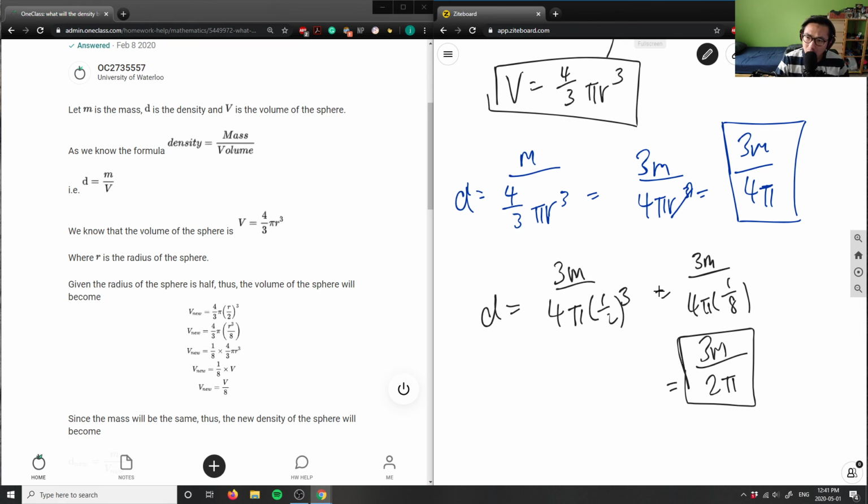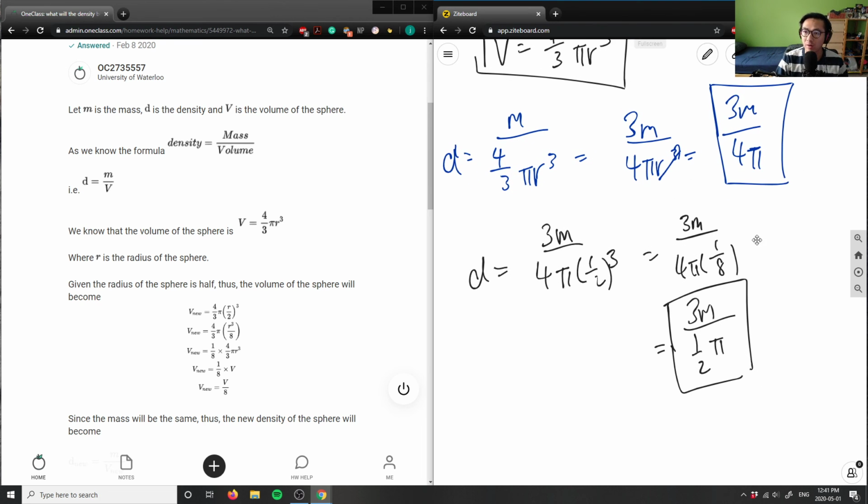I don't know where the math went wrong here. Just give me a second. 0.5 cubed is 1/8 times 4 is half. Sorry, I messed up here. This is not 2. This is half pi here. So I'm comparing these two guys here. Yes, this is correct now.